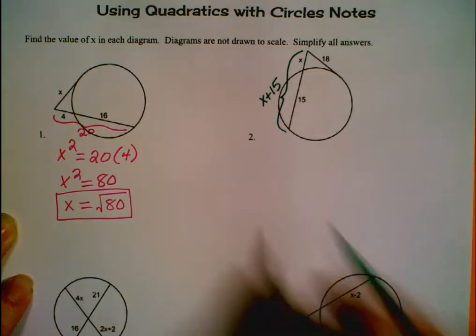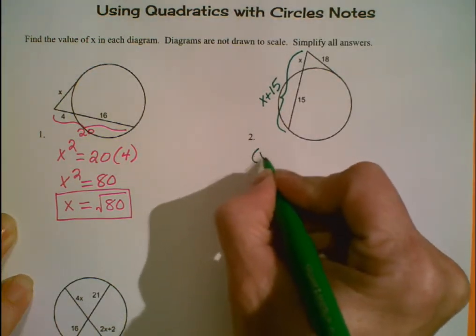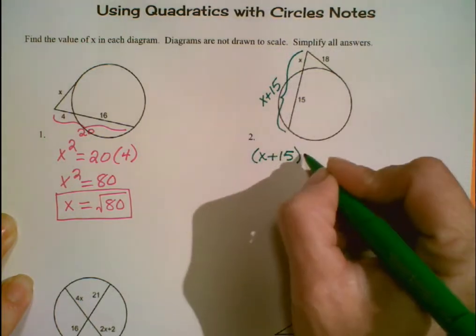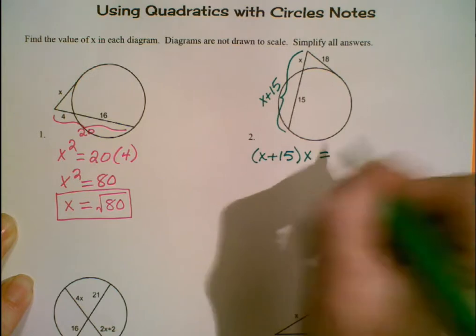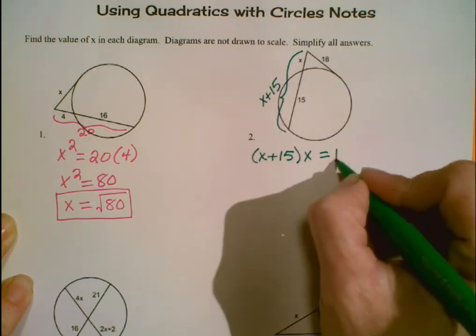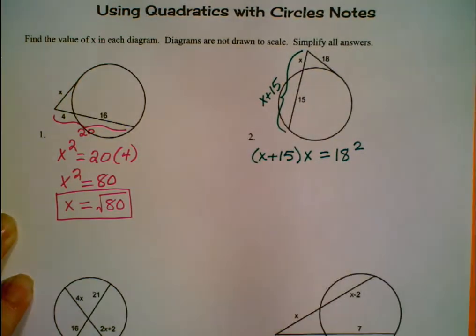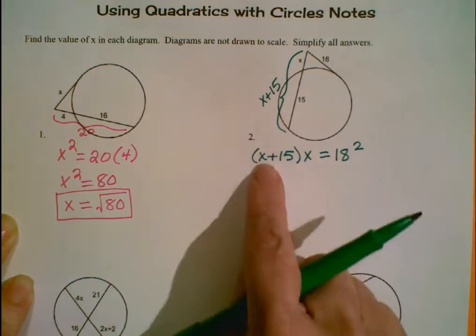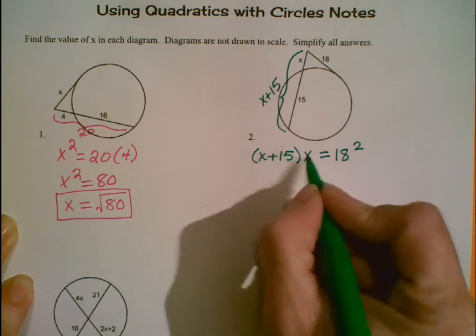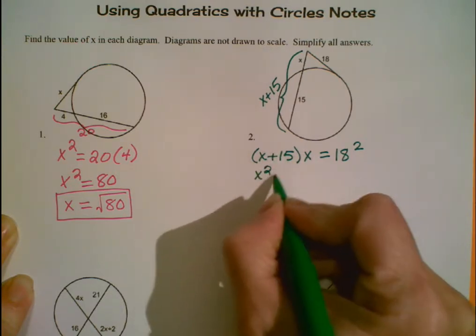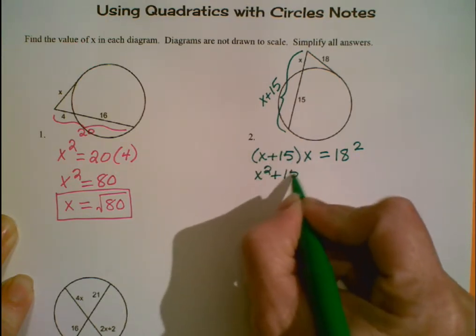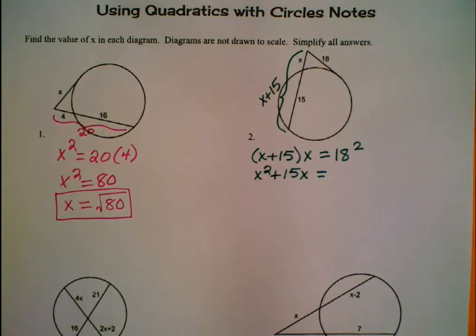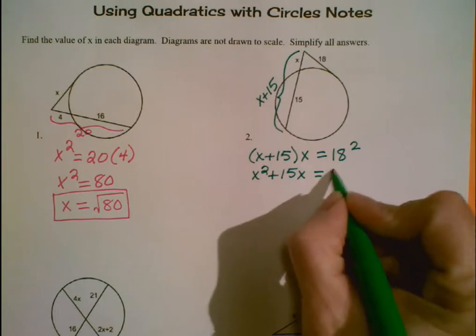So in terms of our equation, we take the whole segment, x plus 15, times the external part, x, equals the tangent squared. So 18 squared. All right, with all quadratics, we're going to go ahead and distribute this left side. So x times x gives me x squared, plus 15 times x equals 18 squared, which is 324.